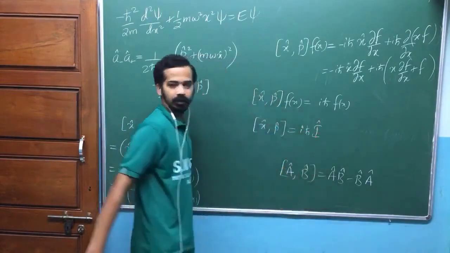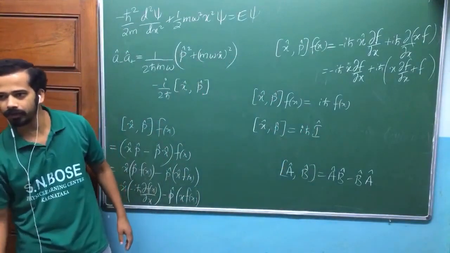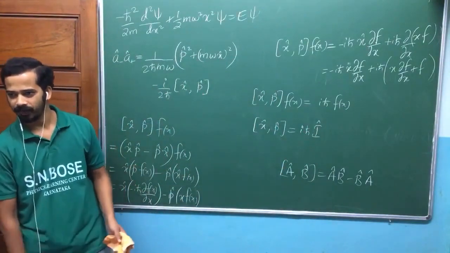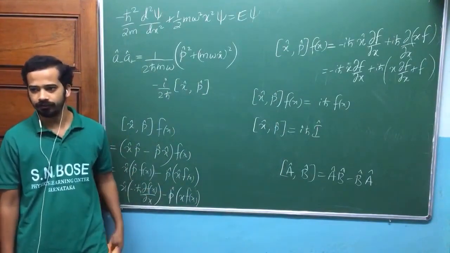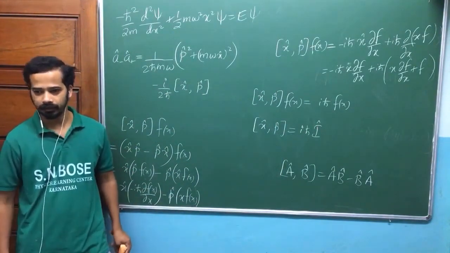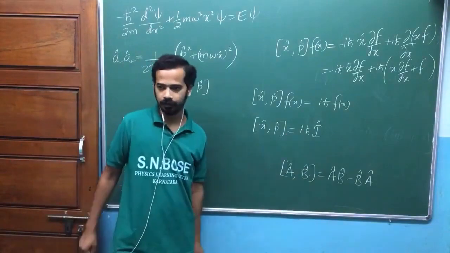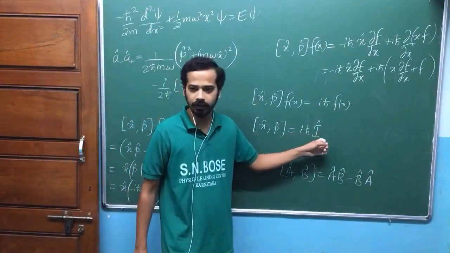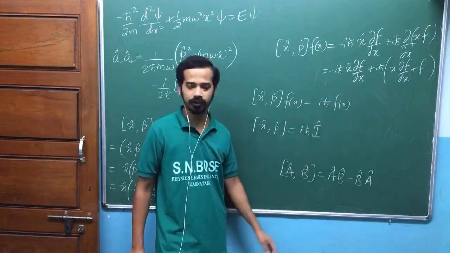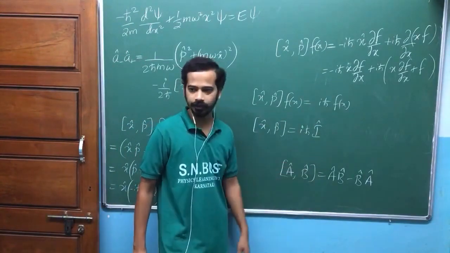You should actually write the identity operator. Identity operator means it does nothing; if you operate it on something, it does nothing. Operating this is nothing but operating i h bar into the identity operator, so you multiply by i h bar.